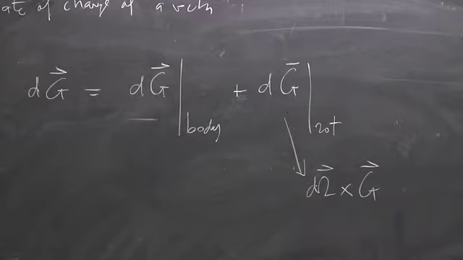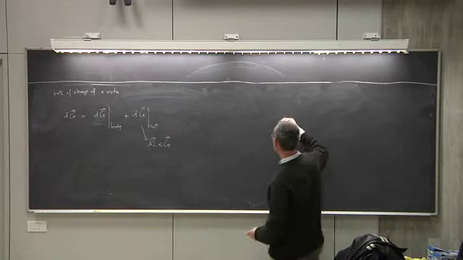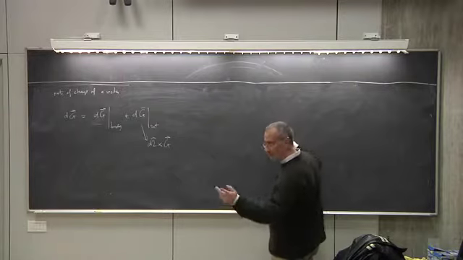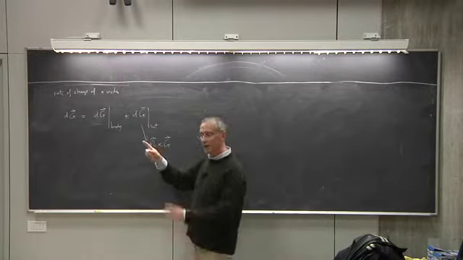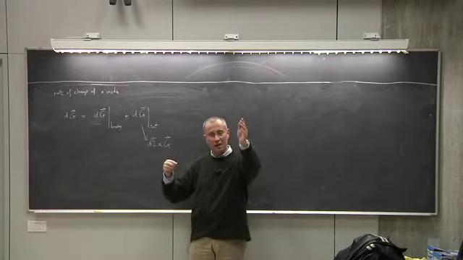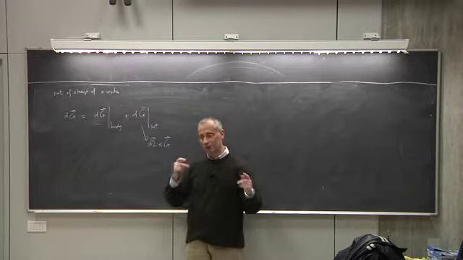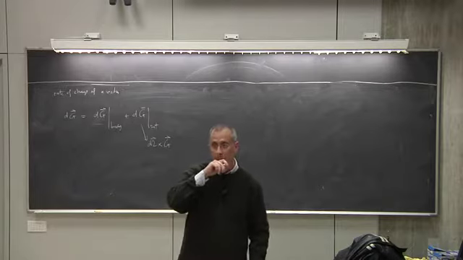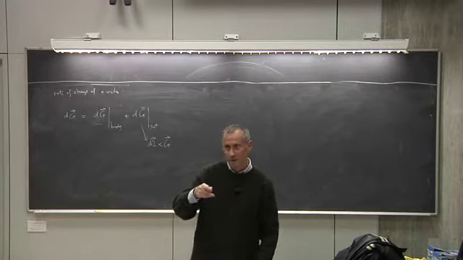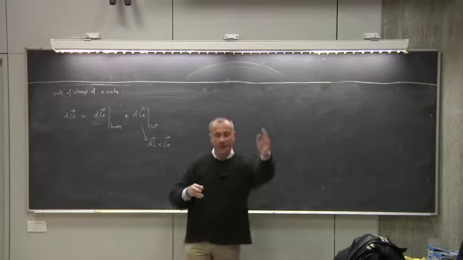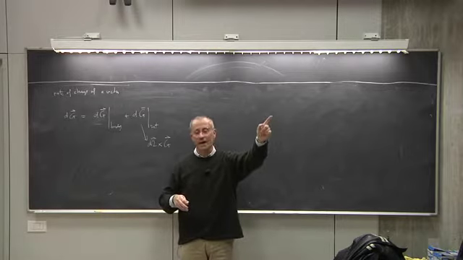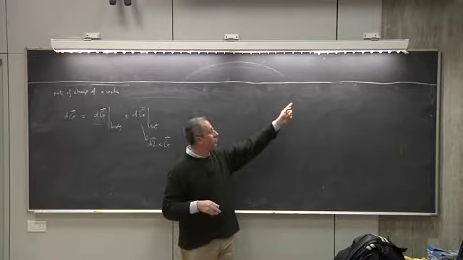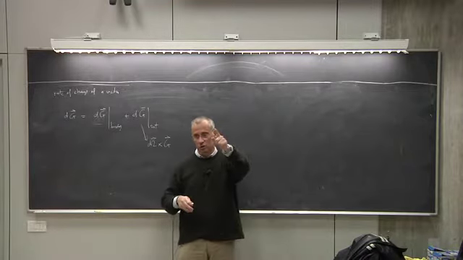Now, this is the active and passive thing, and it's a good question. Here I was changing the vector, but now I'm thinking that the vector is just staying there, and I'm changing my frame of reference. So there is a minus. As I said before, if the vector is moving, then this was the definition of the rotation.